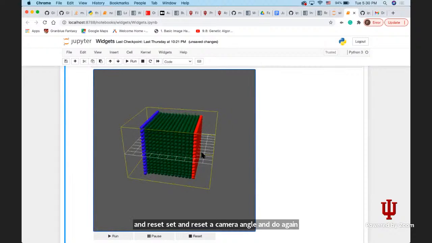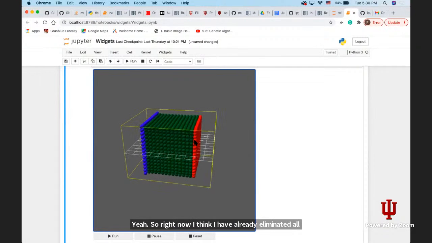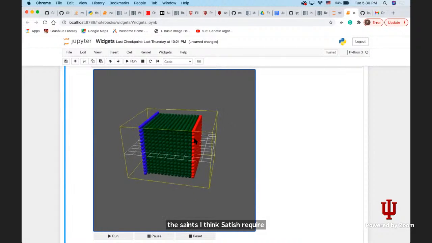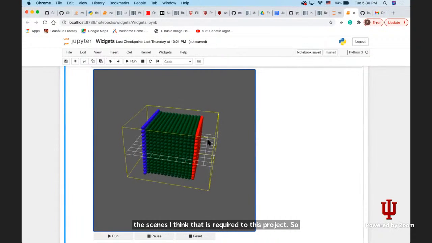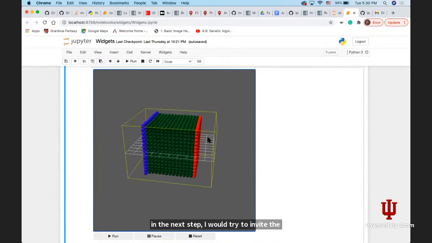Yeah. So right now, I think I have already implemented all the things that are required in this project. So in the next step, I will try to write the documentation and see what can be optimized in my code, and apply this structure to the NanoHub to see if it has the same performance when applying it into the NanoHub.